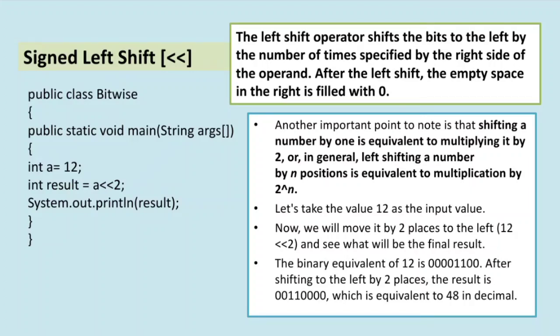That means it removes 2 digits from the left hand side and adds 2 zeros at the right hand side. And what is the result? It is 48. Means 12 into 2 to the power 2, that is 12 into 4, that is 48, and it can be used for multiplication.